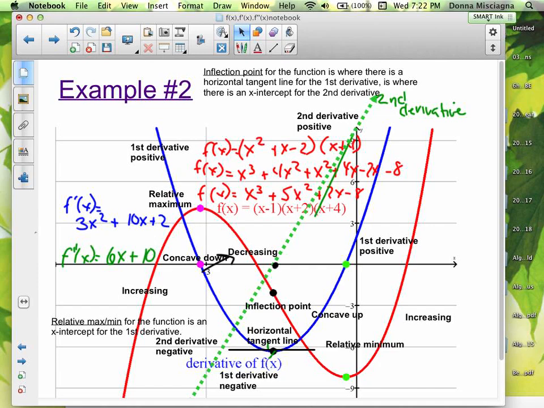So that's going to be a relative max, and our function is above, below. Right? So now it's a relative min. So now we have an x-intercept for the first derivative, right? And once our function starts to increase, our first derivative is above the x-axis.